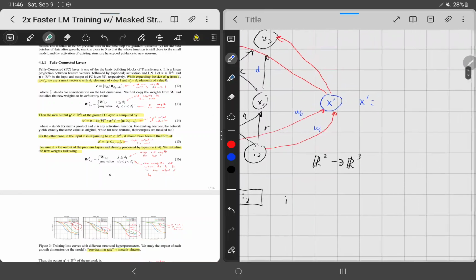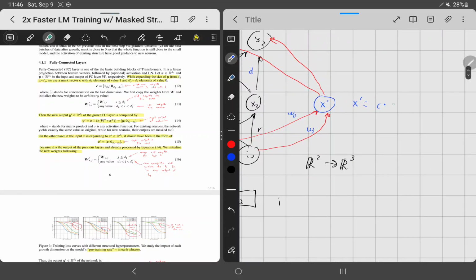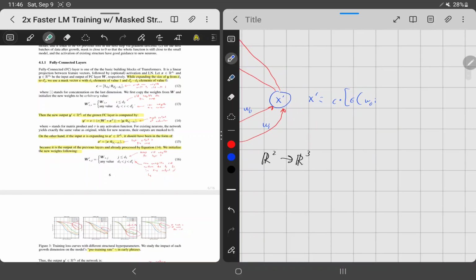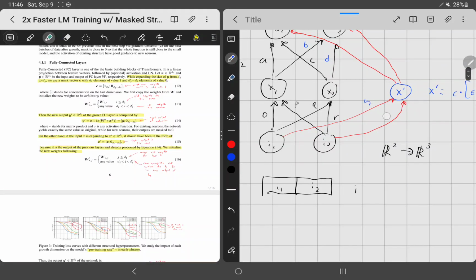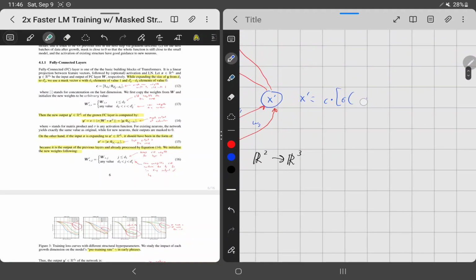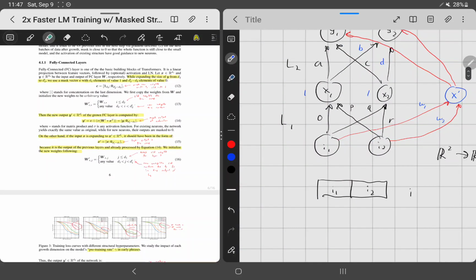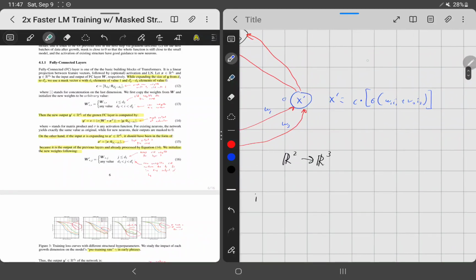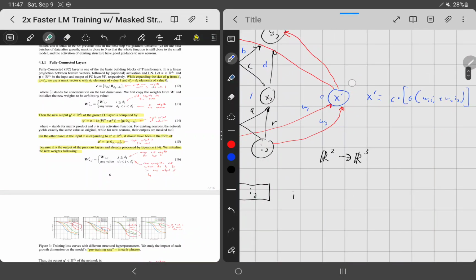It will be C times the activation of W1 I1 plus W2 I2. I didn't zero index it. So you send this through your activation, and then you multiply it by your mask. And the mask will be a 1 here, a 1 here, and it'll be initialized to a 0 here. So your output is going to be 0. This will just be zeros.